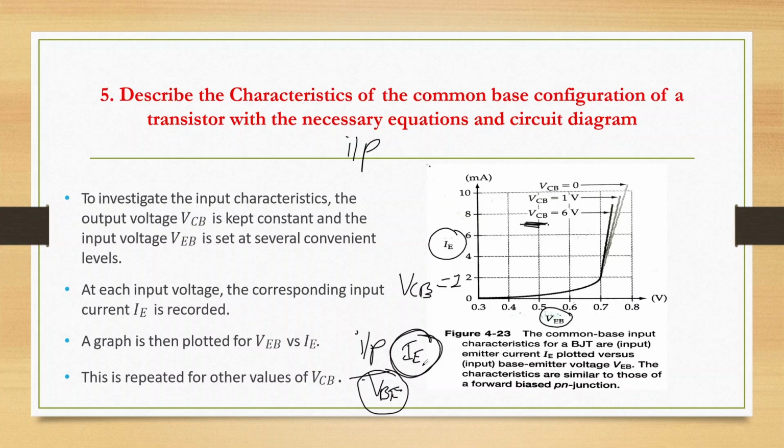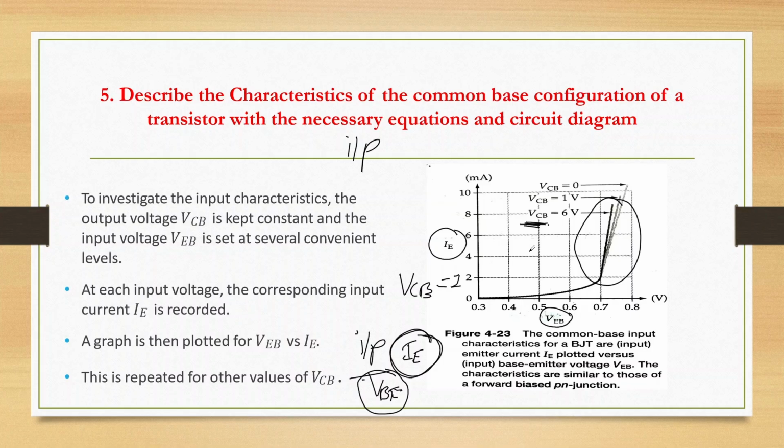Like this we get different points, and drawing a smooth curve we get the input curve between VBE and IE. IE increases rapidly with a small increase in VBE.